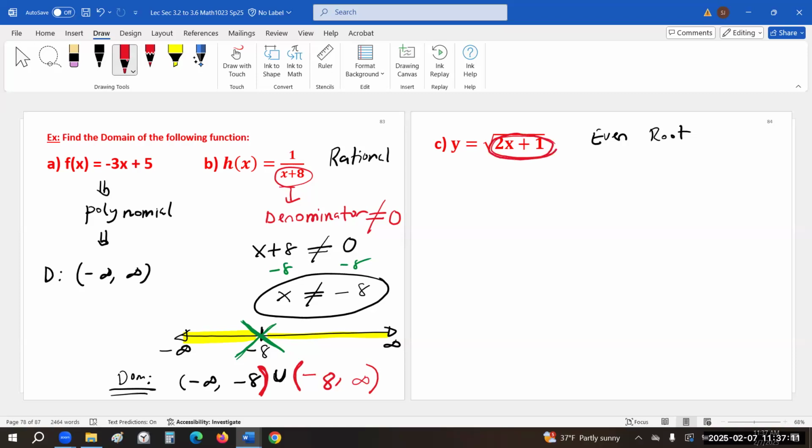Whatever we have inside, that thing has to be bigger than 0, means positive, or it can be equal 0. So 2x plus 1 can be equal 0, or 2x plus 1 can be positive. It can be positive, it can be 0, but definitely cannot be negative.